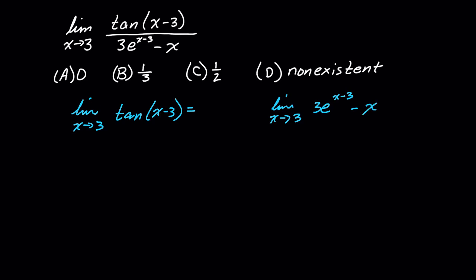All right, so limit as x approaches 3 of tangent, that's going to give us tangent of 0, which is 0. And plugging 3 in here is going to give us 3e to the 0 power minus 3, which is 3 minus 3, or 0. Therefore, L'Hopital's rule does apply.